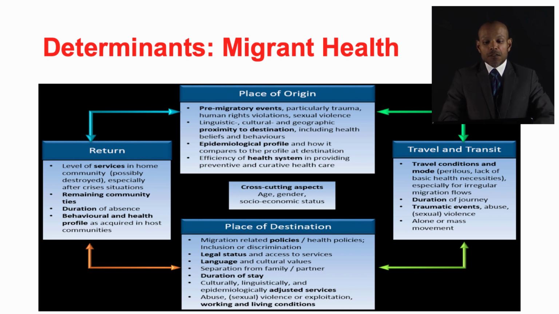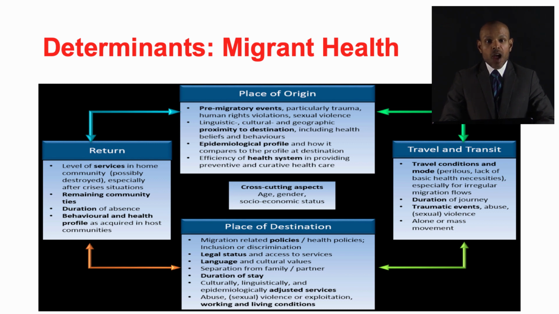Then we have the phase of travel and transit. And that travel transit can be a process that is very stressful, can also be disadvantageous to health as well. The modes of travel are different, whether it's through land, whether it's through the sea, whether it's through air, the time frame it takes.